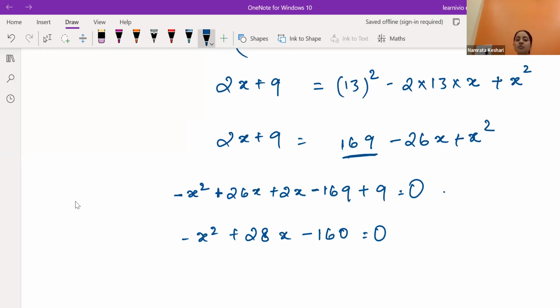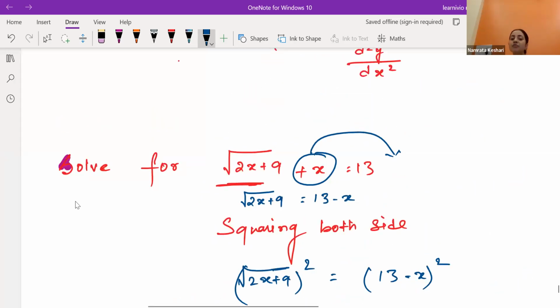Now the question was why we have not done the squaring the way it was given, why we shifted this x to the other side.